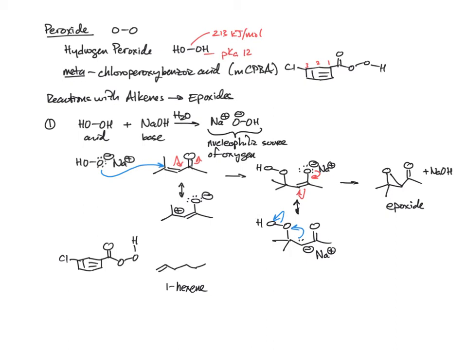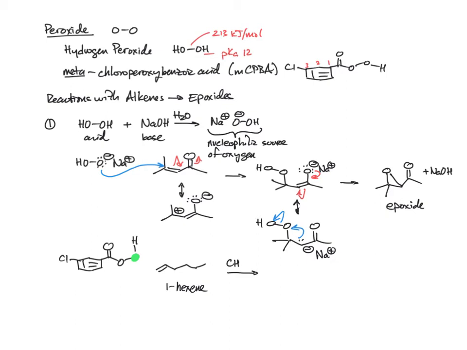And what I'm going to do with, say, the green pen here is I'm just going to highlight this oxygen. I'm just going to fill it in because that's the oxygen that's actually transferred to the alkene under these reaction conditions.